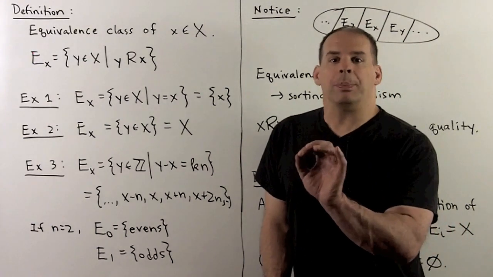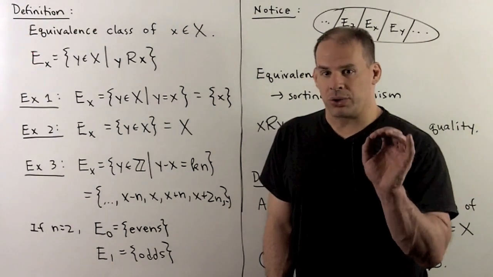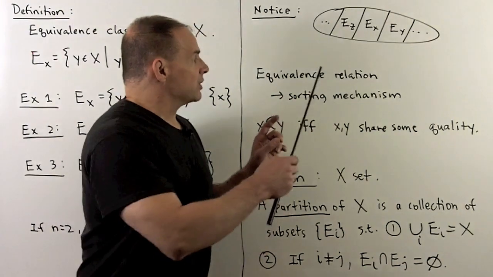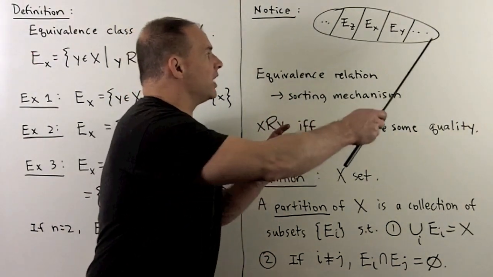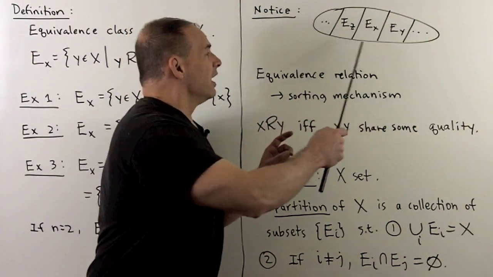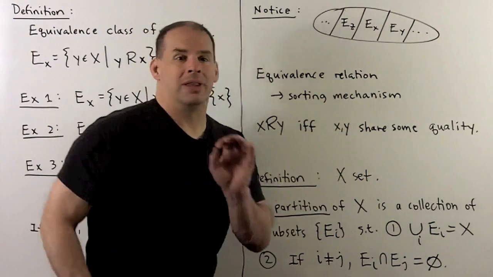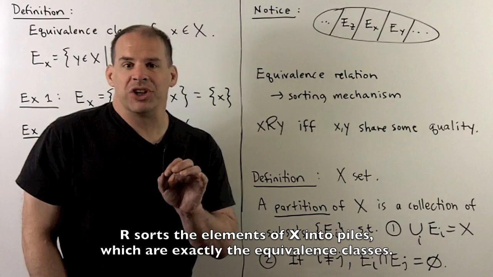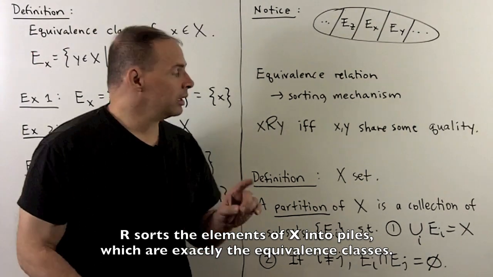This is going to point out what's happening with an equivalence relation. So the picture is going to look like this. If we have an equivalence relation, we're going to take our set X and we're going to chop it up into these equivalence classes. So we could think of an equivalence relation as a sorting mechanism.